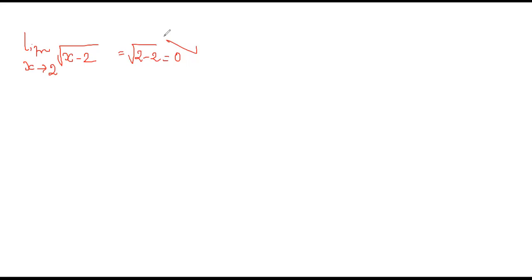First of all, you take x is equal to 2 plus h. It will be 2 plus h minus 2, which is h, and it will be 0.